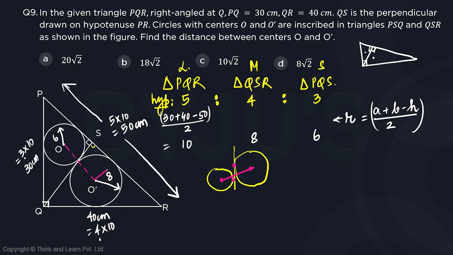So from here, can we say this is 8 and this is 6? And this is 6 and this is 8. Sorry, this should have been 8.